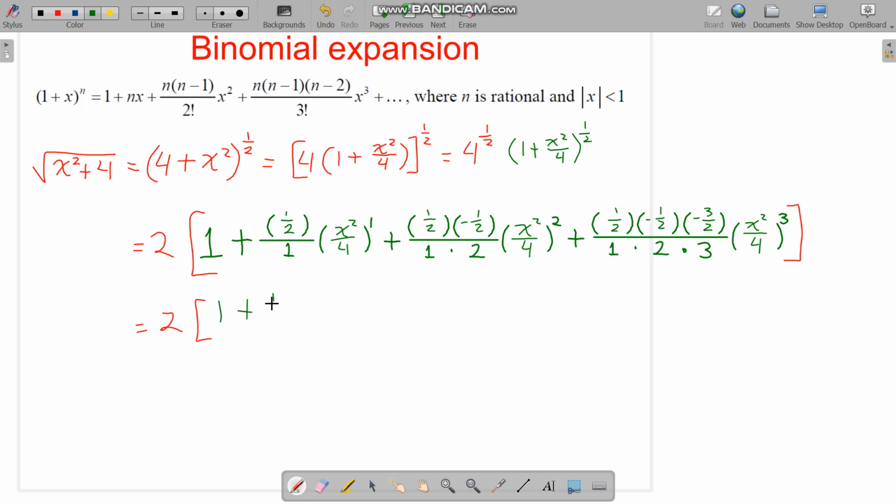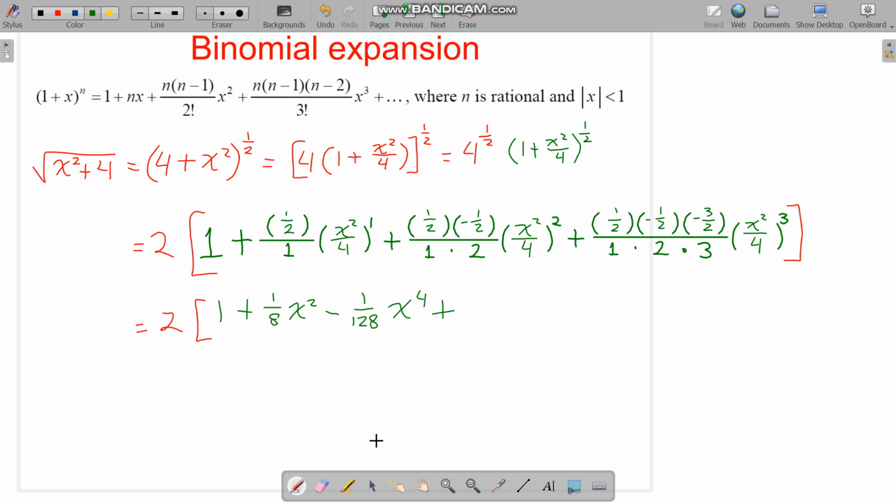plus 1 over 8 x squared, minus 1 over 8 times 1 over 16. 8 times 16 is 128, so 1 over 128 x to the power of 4.